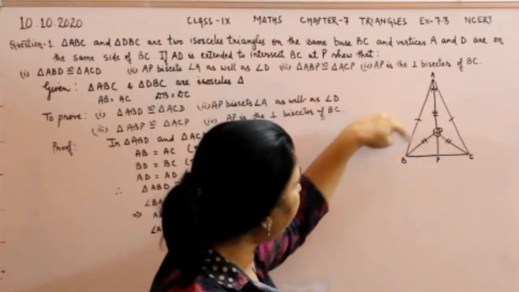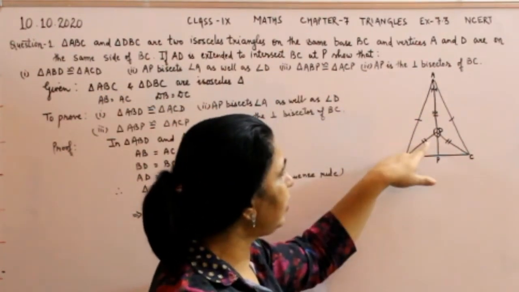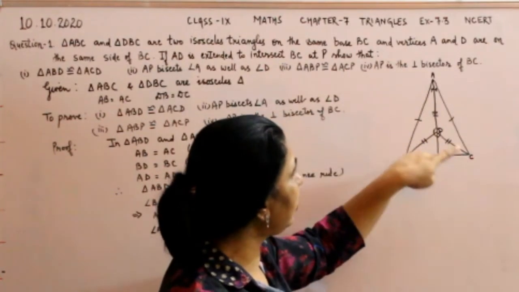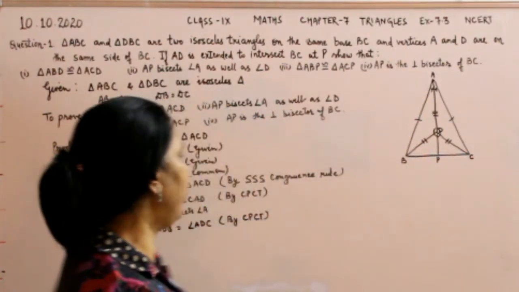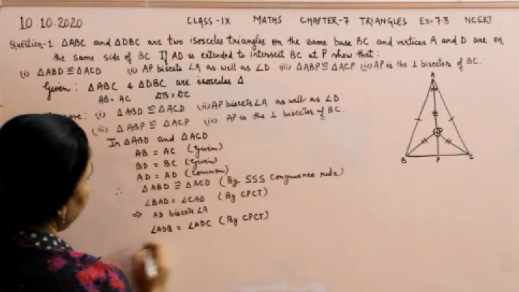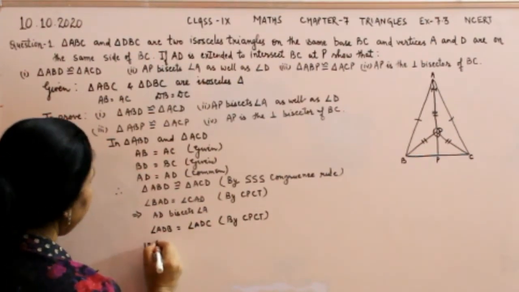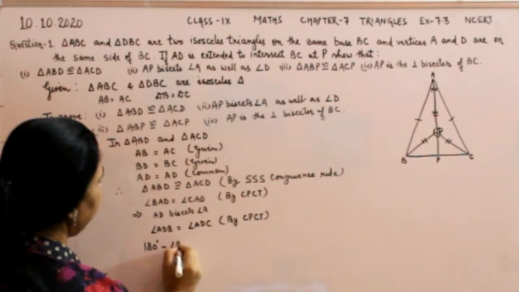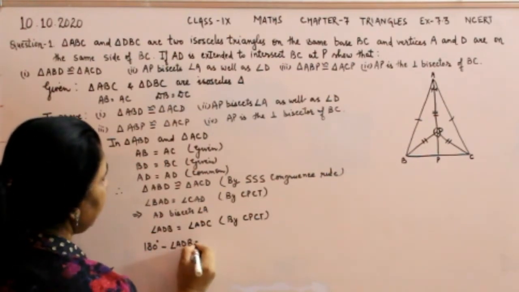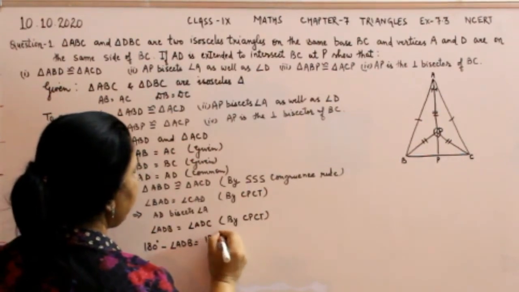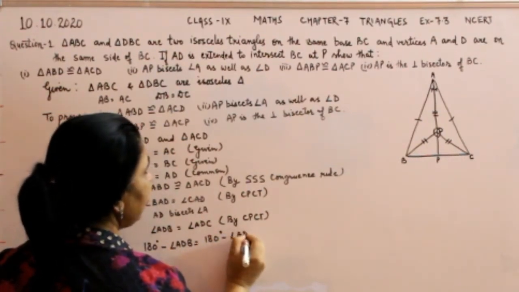Angle ADB and BDP form a linear pair, and angle ADC and PDC form a linear pair. So we can write 180 degrees minus angle ADB is equal to 180 degrees minus angle ADC.